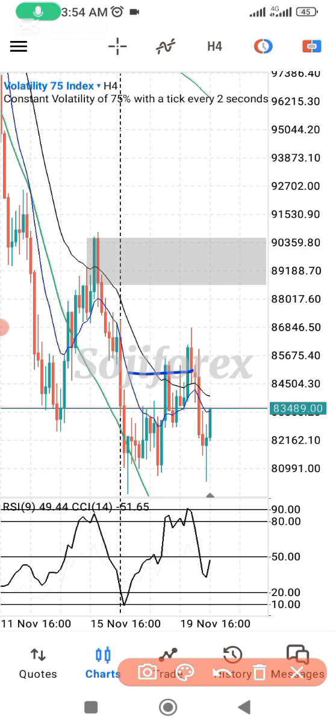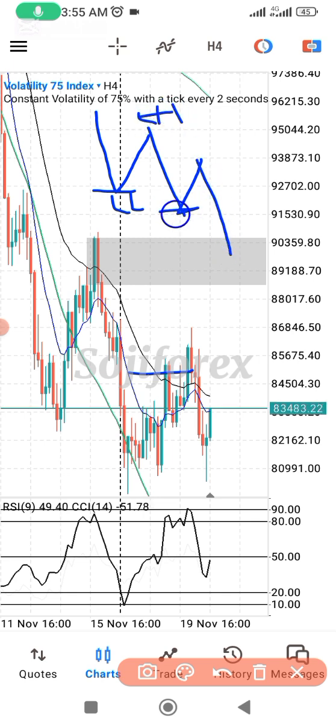Remember, price will come like this. It will go up. Then price will come down and take this lower low. So in a downtrend, it is expected for price to take a lower low. So price will make a retracement. So here now will be our lower high. Price will come down again and take this lower low and create a lower high.